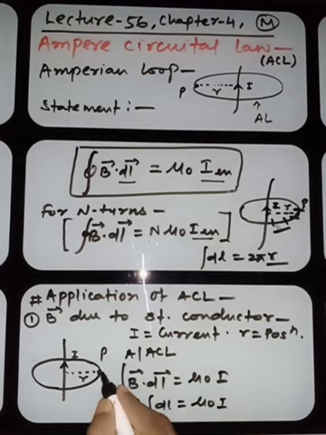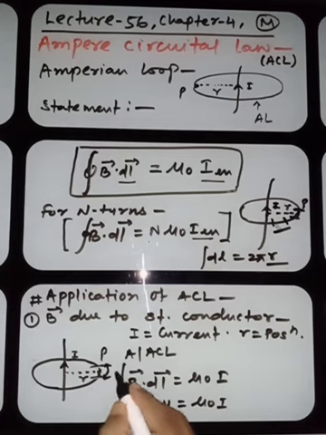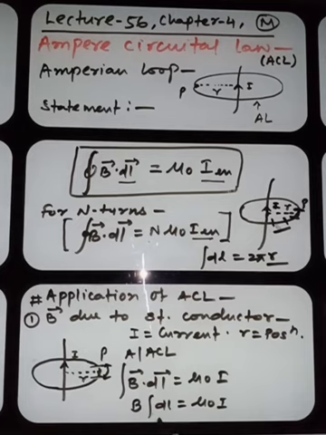Now dl is nothing but the length on this Amperian loop, and this is the dl. So what will be the value of the entire integral of this one? It is 2 pi r. So we will find the magnetic field.